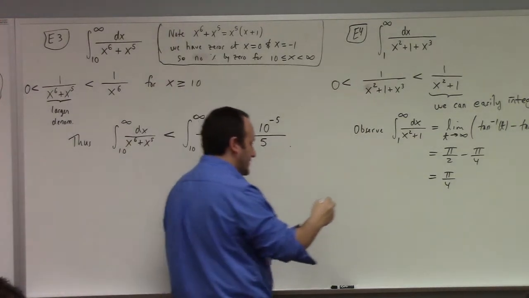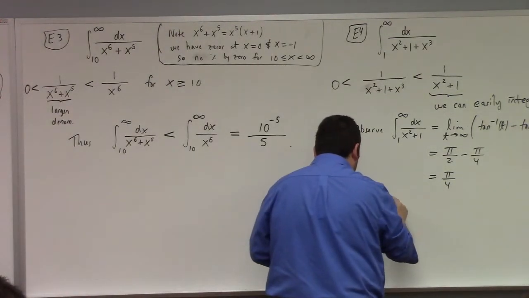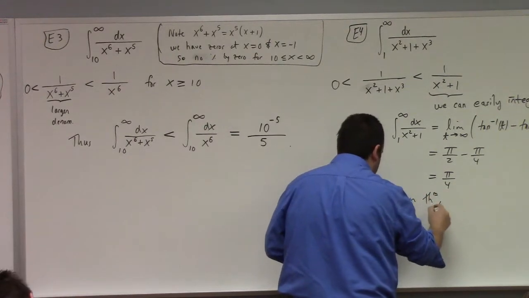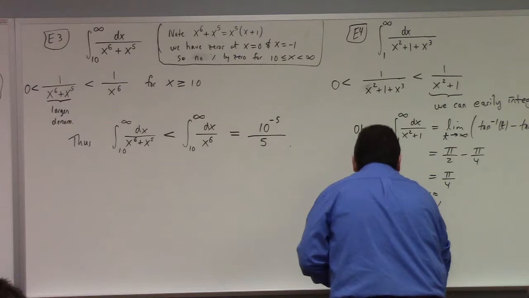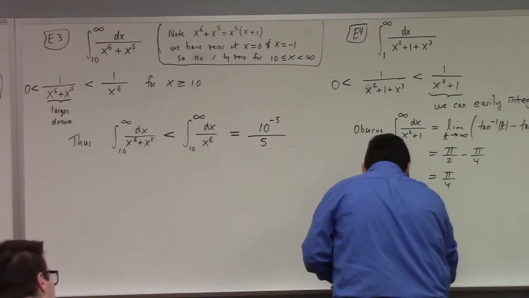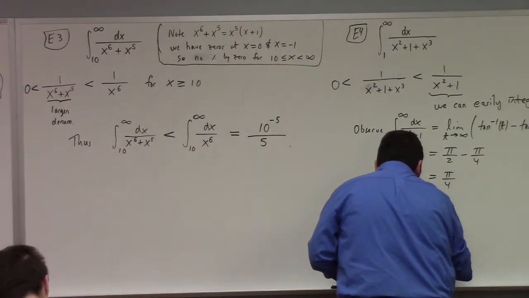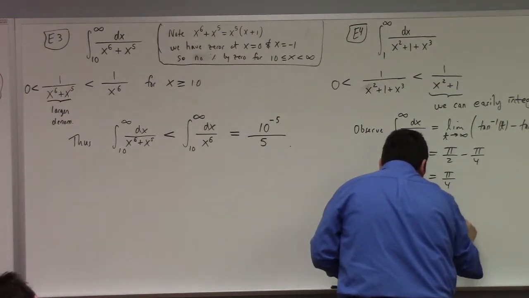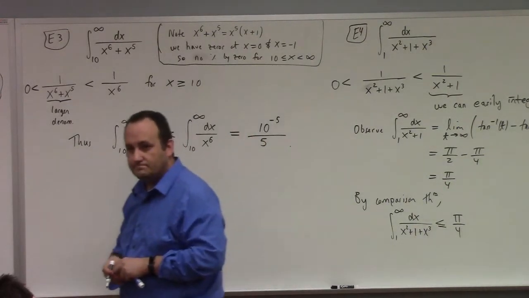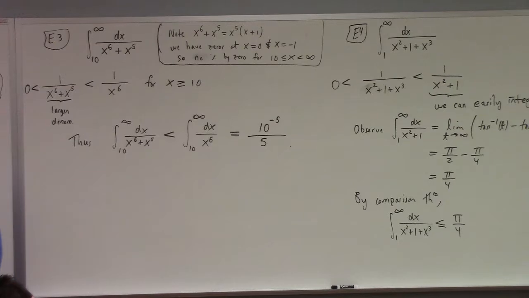Thus, by the comparison theorem, the integral from 1 to infinity of dx over x squared plus 1 plus x cubed is less than or equal to pi over 4, which shows that it converges, all right? So it converges to some value less than pi over 4 and greater than 0.